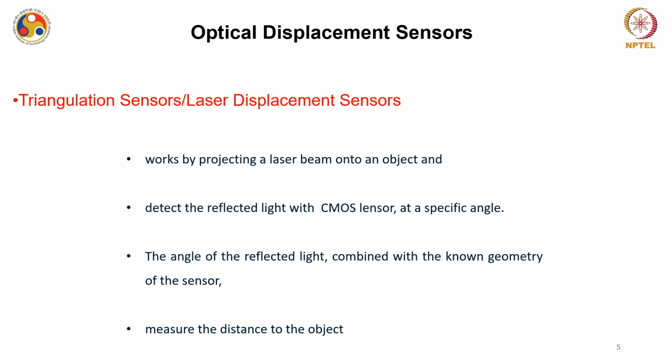If I talk about a triangulation sensor or a laser displacement sensor, this works by projecting a laser beam onto an object and detecting the reflected light with a specific sensor like a CMOS sensor at a particular angle. The angle of the reflected light combined with the geometry of the sensor gives you the measurement of the distance or the displacement.